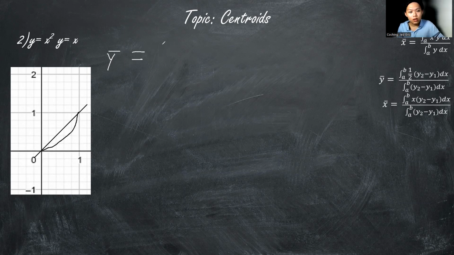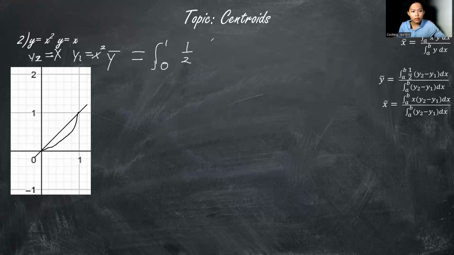So the integral from 0 to 1 of 1/2, here y2 is x and y1 is equal to x squared, based on the area between curves.